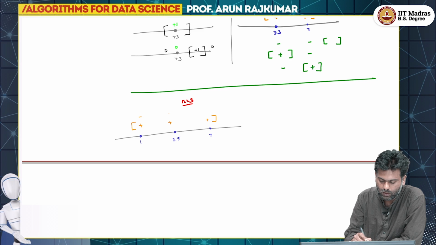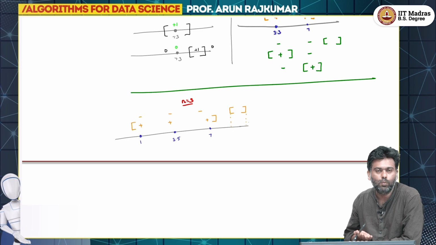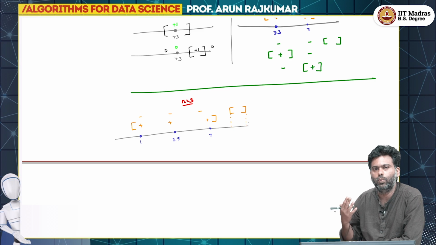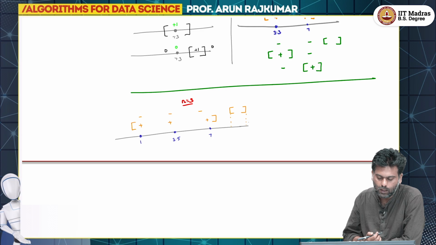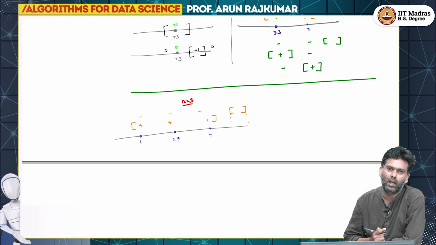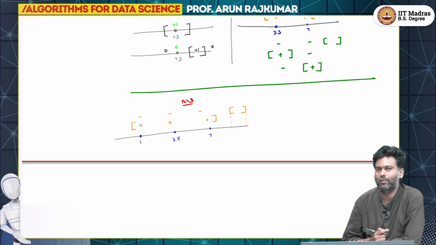If I say minus, you will produce this classifier. So now there are 8 possibilities because there are 3 data points, 2 power 3, 8 possibilities. Is there a possibility of labeling for me such that you do not have a realizable classification?